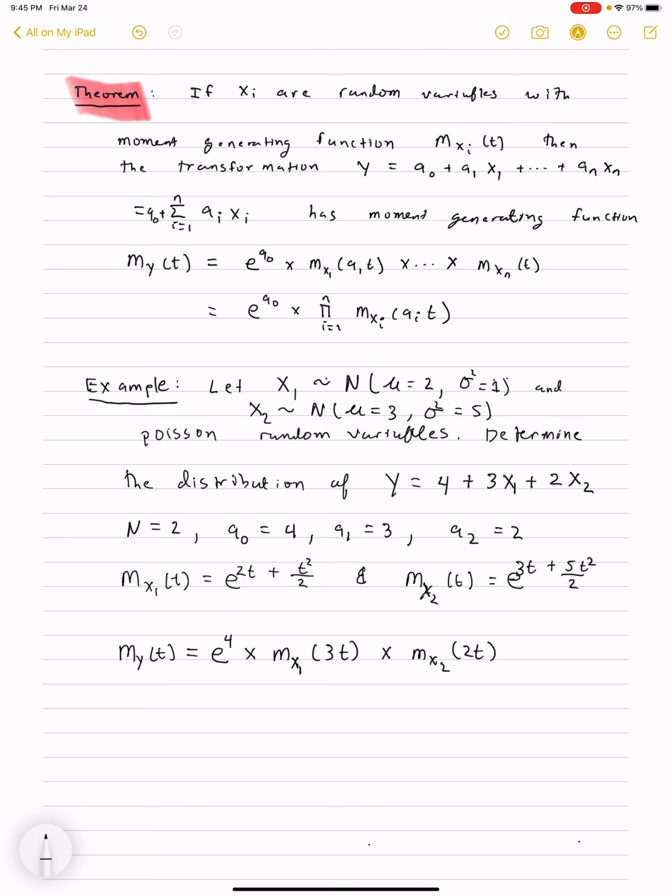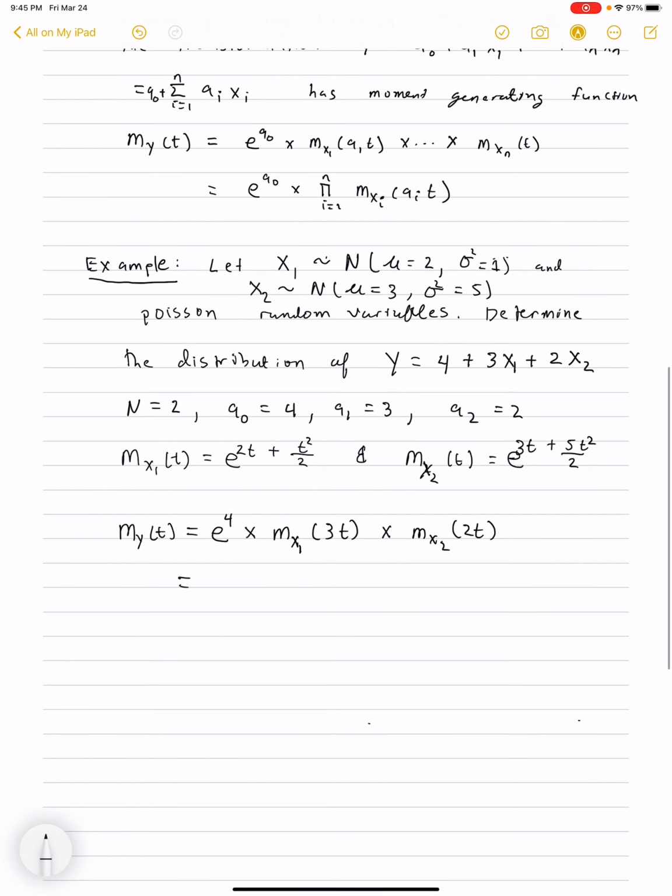Because remember, we have composition: a1 is 3, a2 is 2, and it's the moment generating function of x1 composed with a1t. So we'll have e to the 4 times the moment generating function we just wrote down, so e to the 2, but it's a composite, so t is replaced by 3t, plus 3t squared divided by 2.